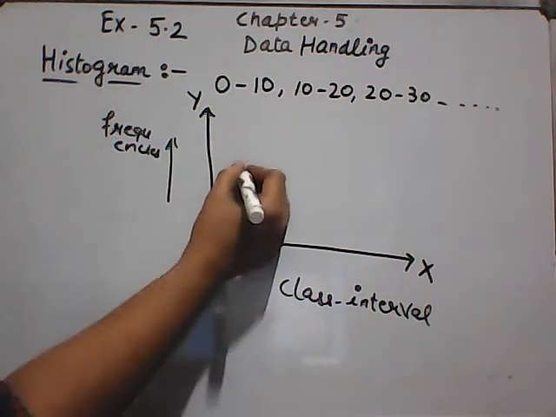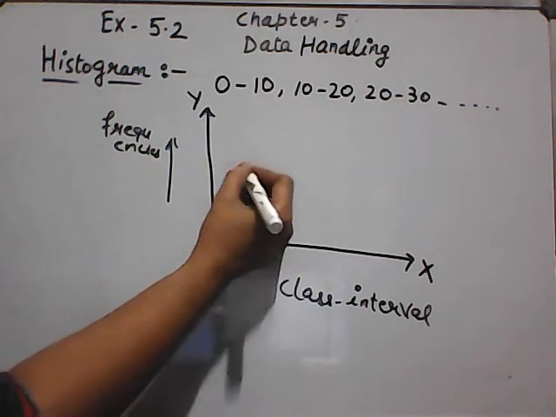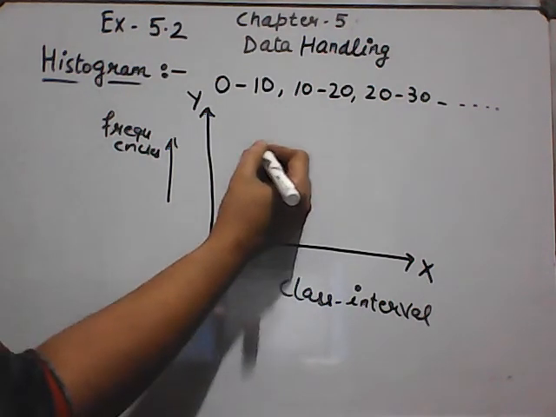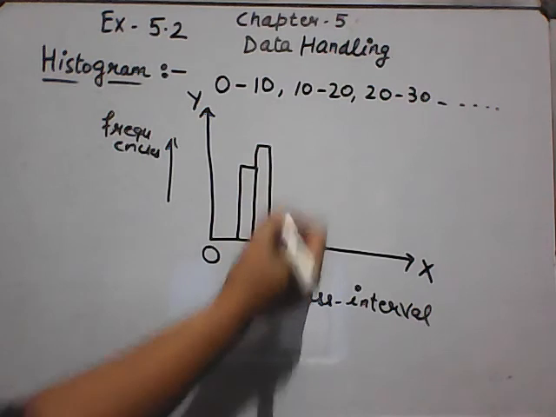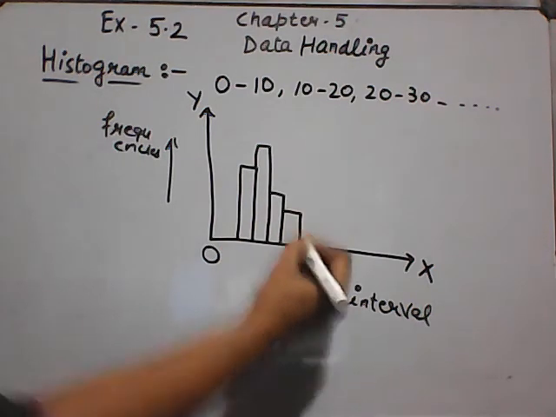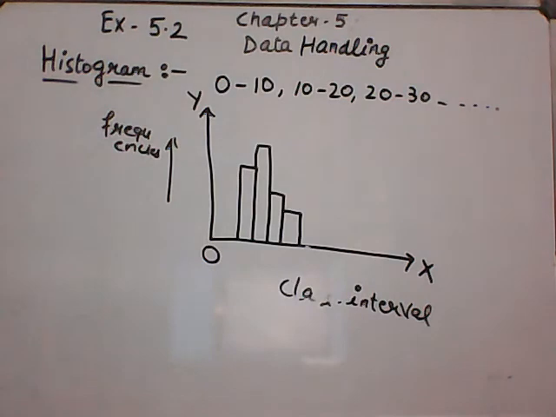In a histogram, there are no differences between the bars. These are the bars and there are no gaps between them. In this way, we can draw a histogram. But in drawing a bar graph, there are gaps between the bars.